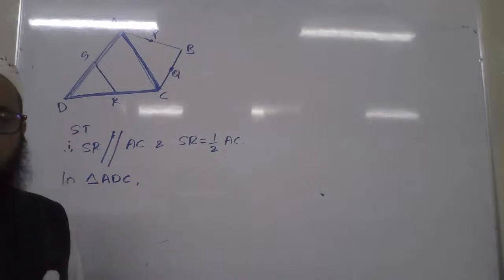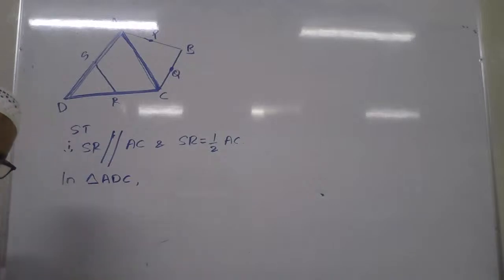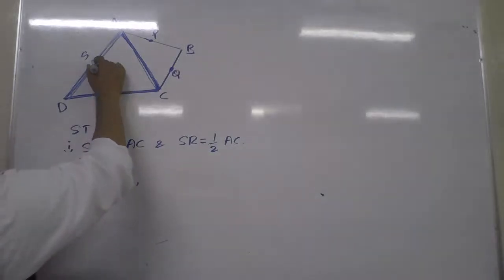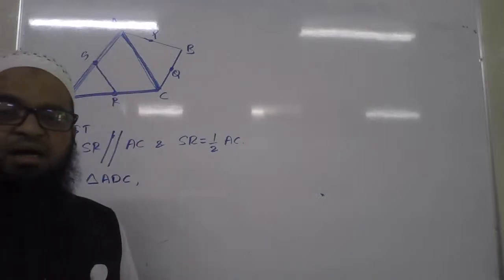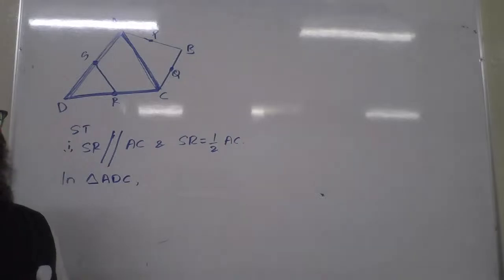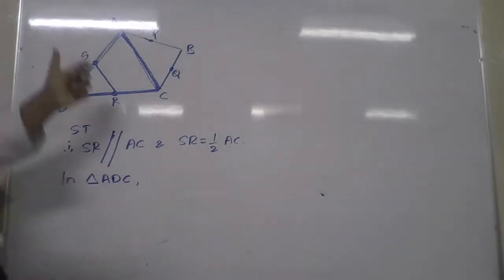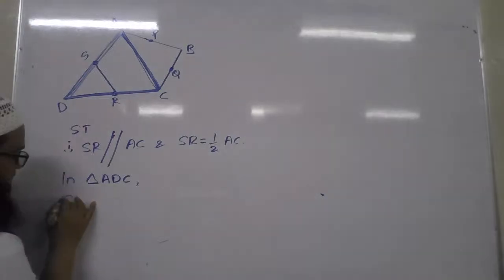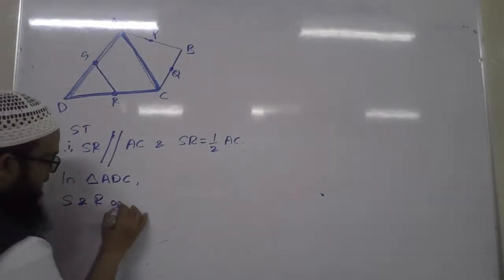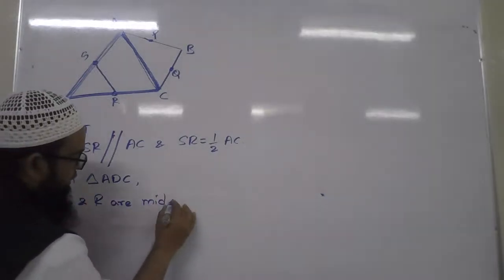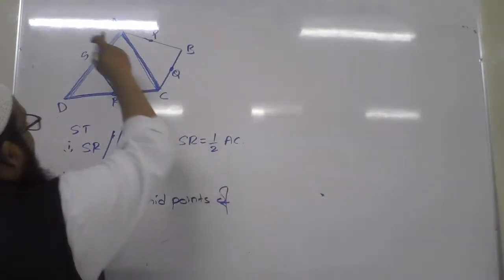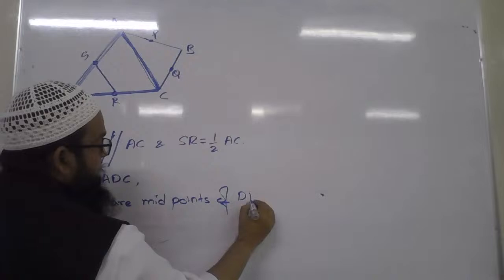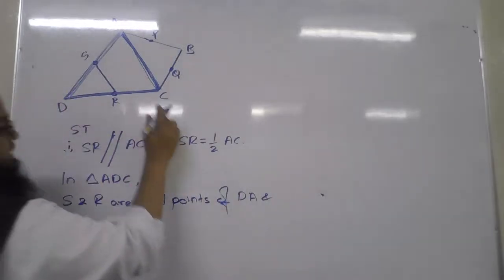Does it look like a triangle? Yes. Now in this triangle, what are S and R? S and R are the midpoints of two sides, DA and DC.